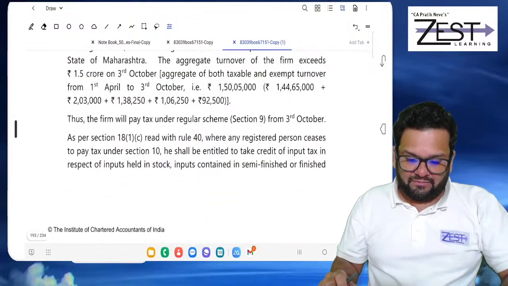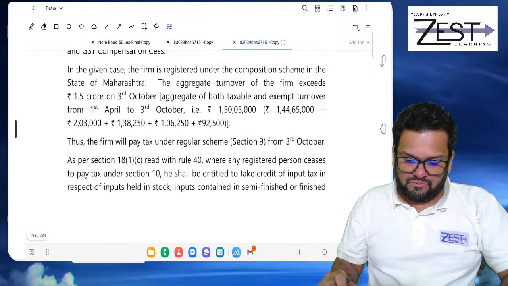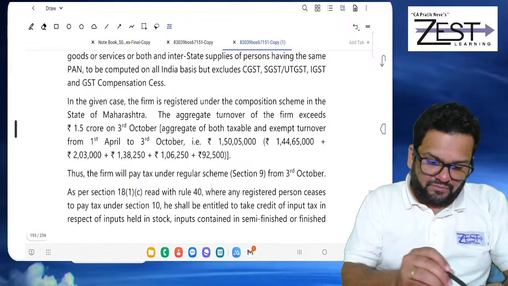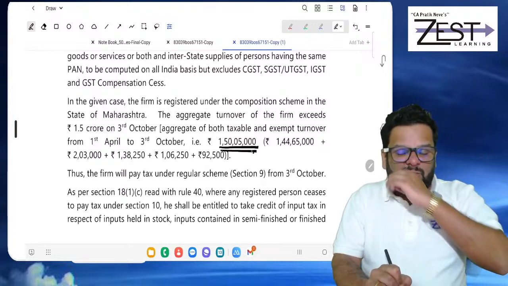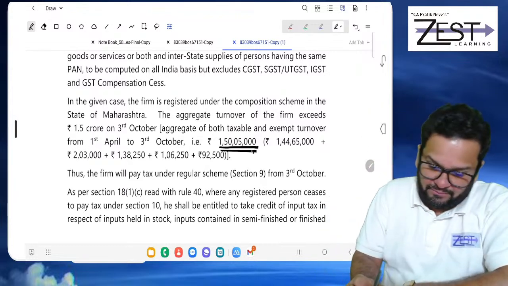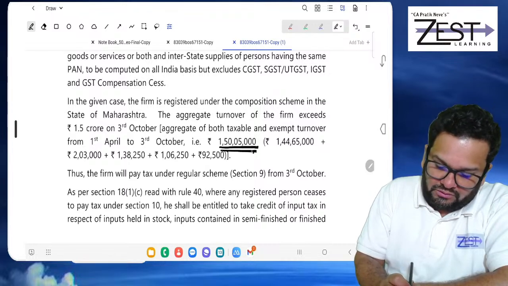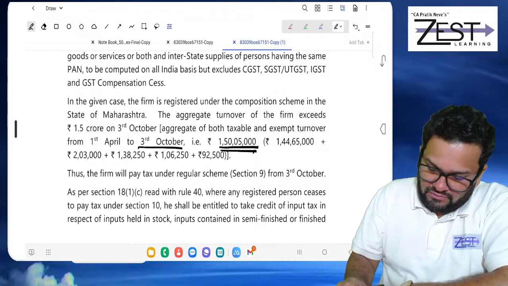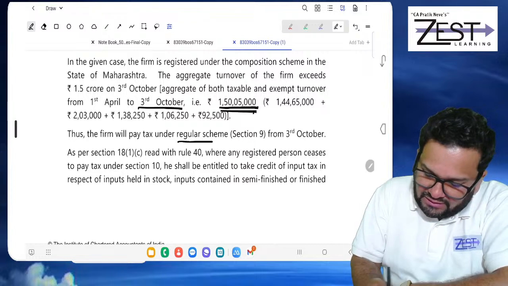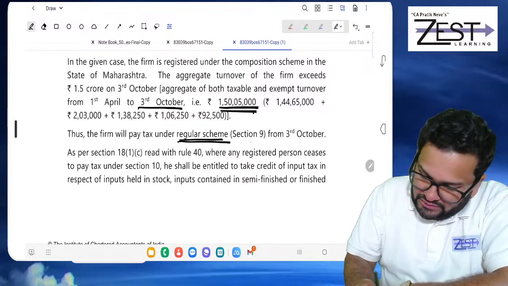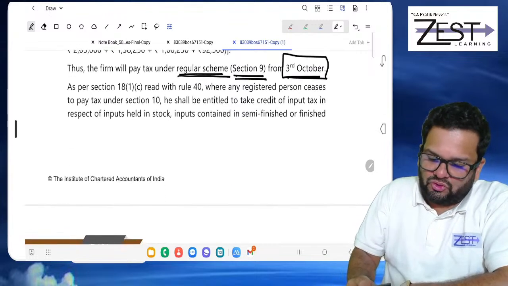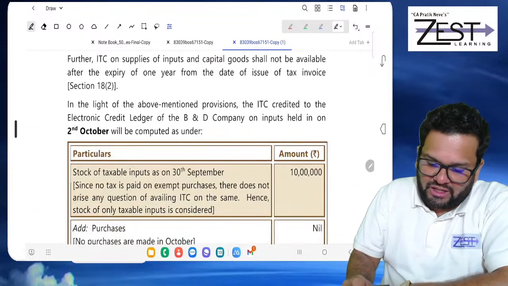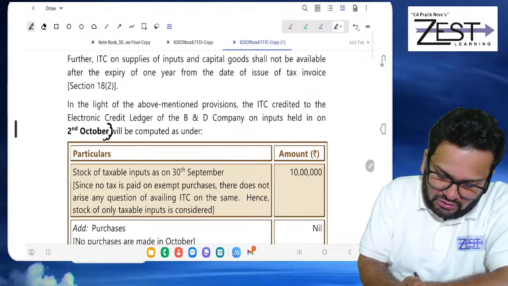First tell me that. See, we have crossed 1 crore 50 lakhs on 3rd October. So the firm will pay tax under the regular scheme, that is section 9, from 3rd October. So now we should check stock as on 2nd October.